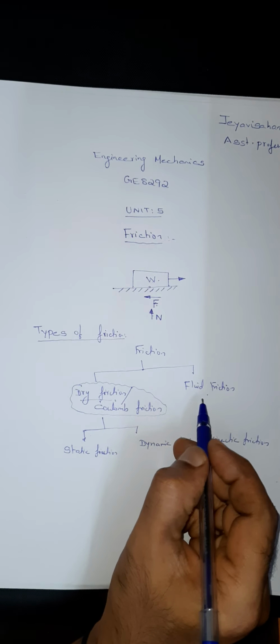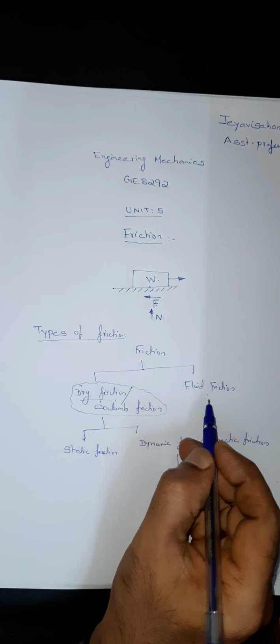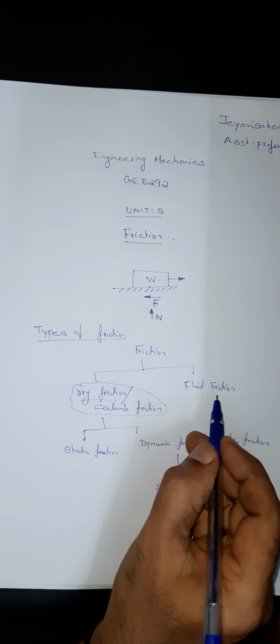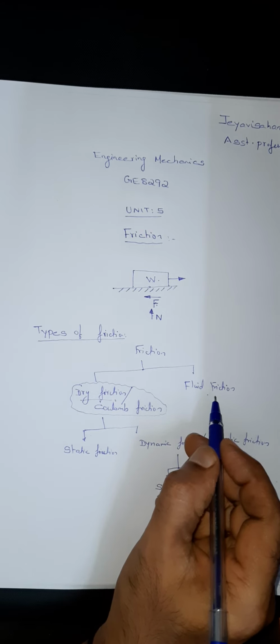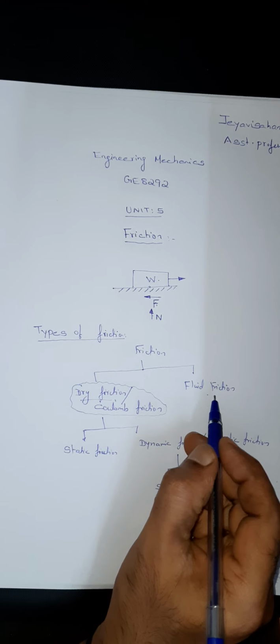What do you mean by fluid friction? Fluid friction is developed between two surfaces in presence of fluid. Fluid friction is developed when adjacent layers of the fluid are moving at different velocities.